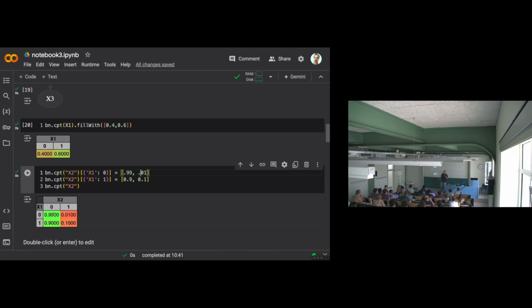I think in my slides I'm calling these guys the columns of the CPT because I'm used to working like that. Here they are the rows, but basically the conditional probability table is made of conditional probability mass functions, one for each value of the parents. So here we have 2 because there is a single parent, and we have 2 states. You see?